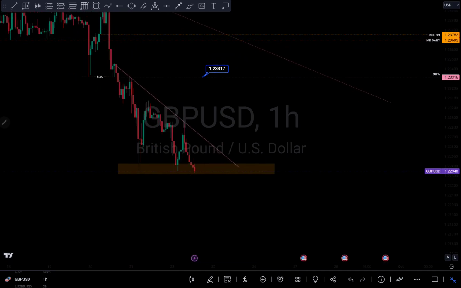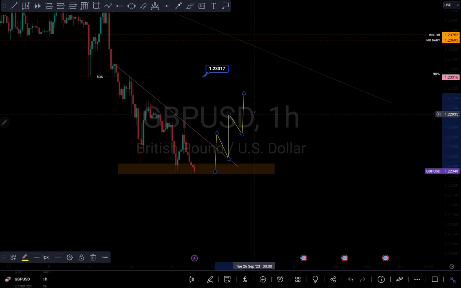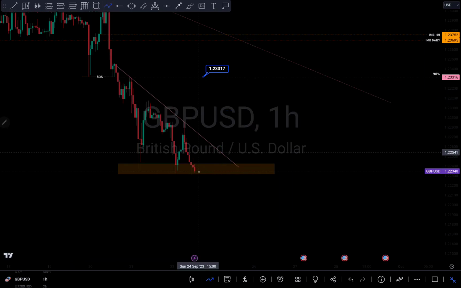So now it depends on how the market reacts. We just have to be patient to get more data. If I see something like this right here, a possible retest, there's a possibility that we might just continue to push to the upside, and that will be my possible target based on that.